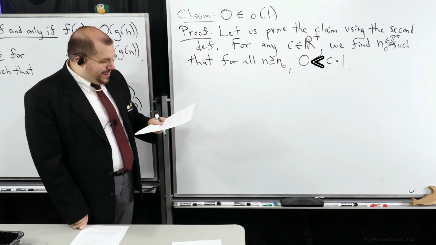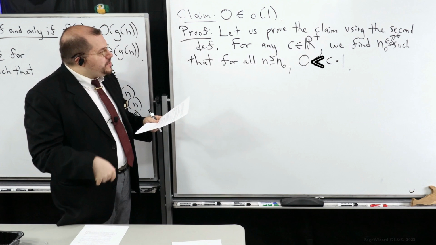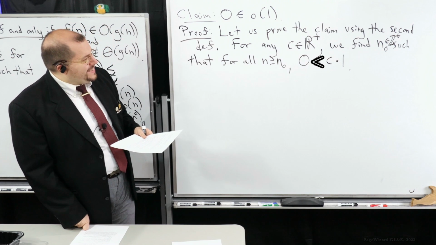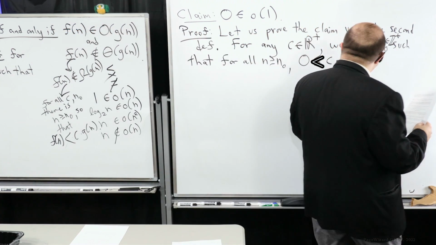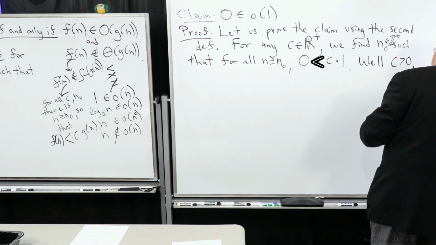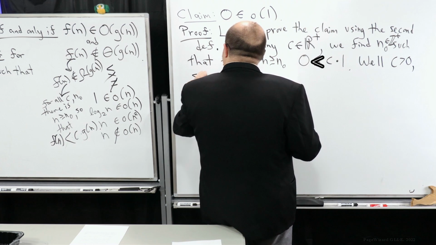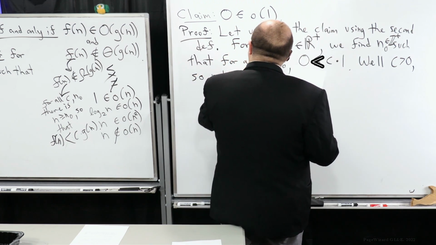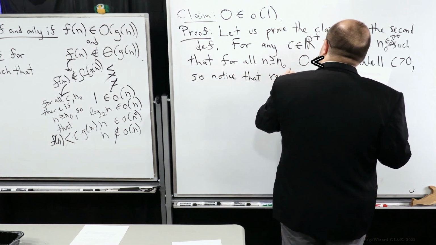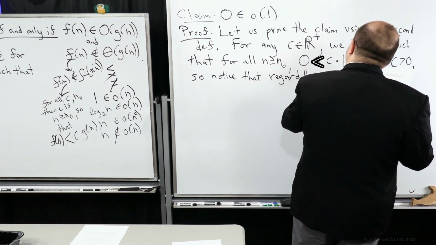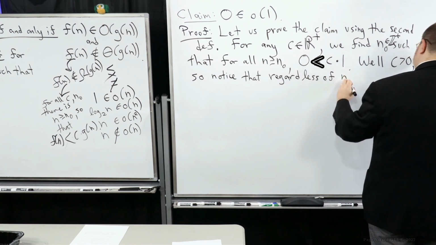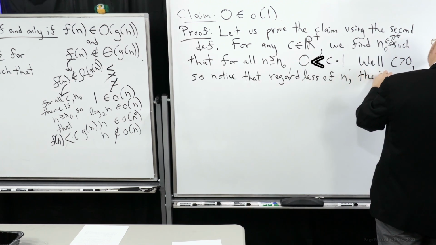So, anyways. Well, what's the first thing you know about c? C is strictly bigger than 0, right? So notice that regardless of n, so no matter what value n takes on in this function, the inequality is true.